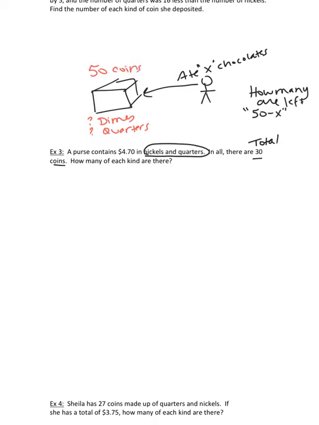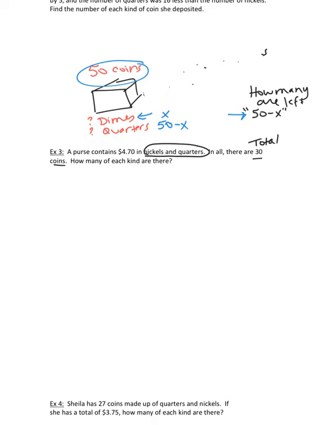Same idea as the 50 chocolates. If I have X dimes, then how many quarters are there? It's the same concept as the chocolates: I have 50 minus X quarters because there were 50 coins altogether. And that's the idea we're working with for our let statements in these types of questions.